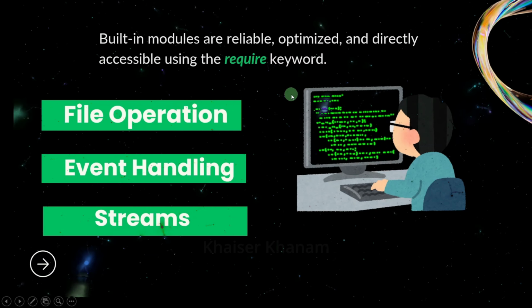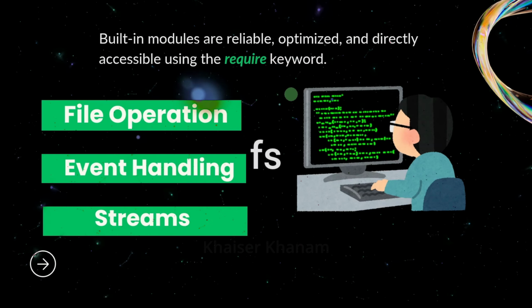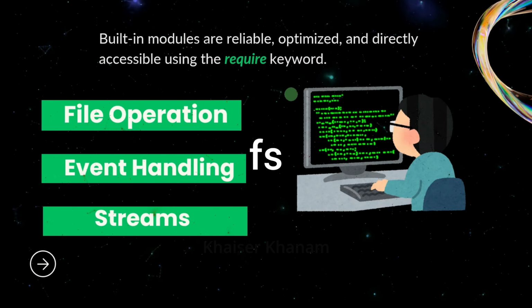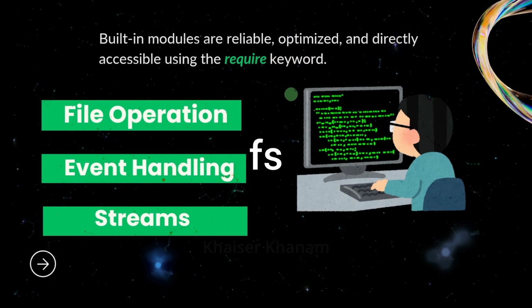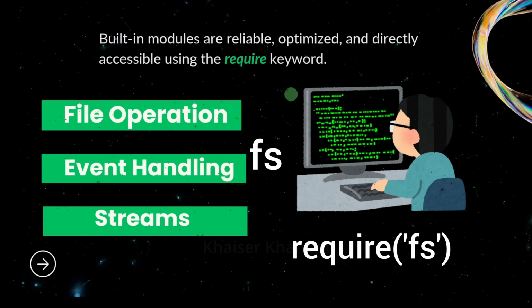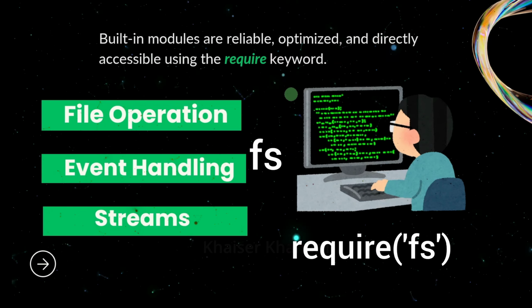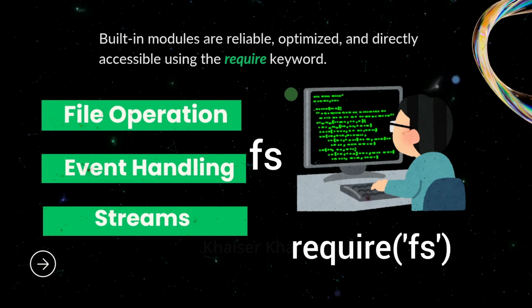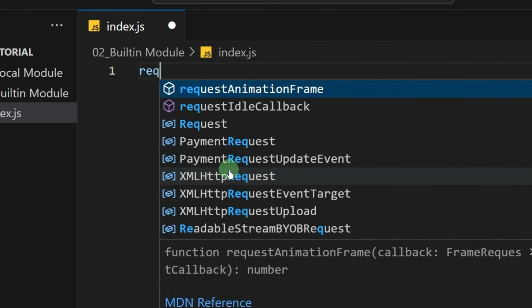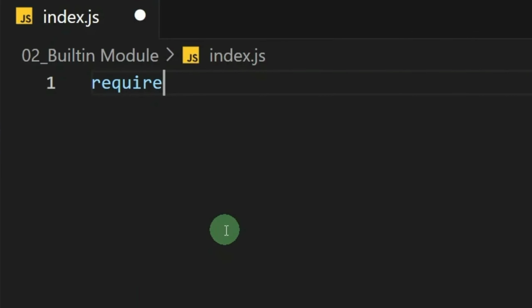Whatever module name we have, for example fs, which works on the file system. If I want to access that fs module, I simply have to write require, and inside that I will pass fs. And that entire thing I'm going to assign to a variable. Here I write require, and inside this I pass the module name.